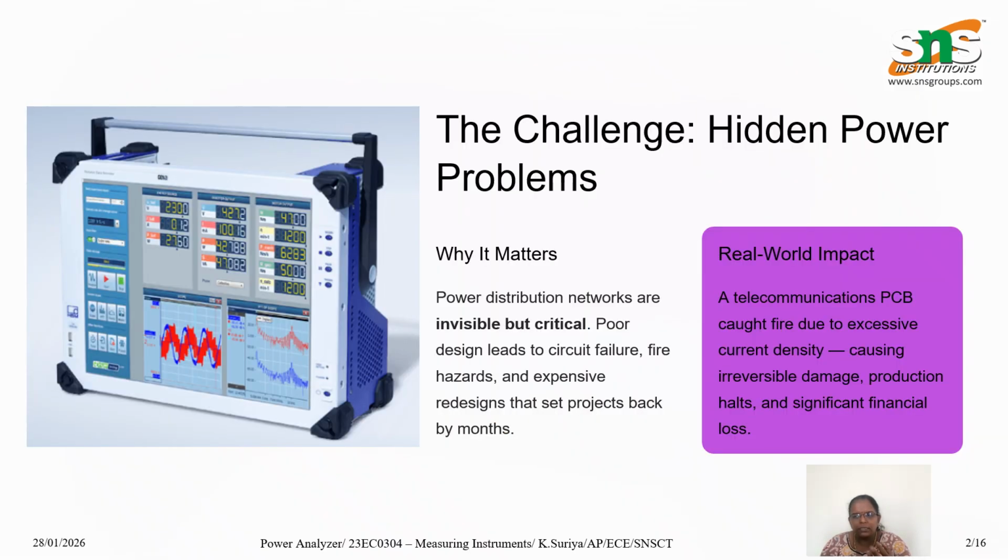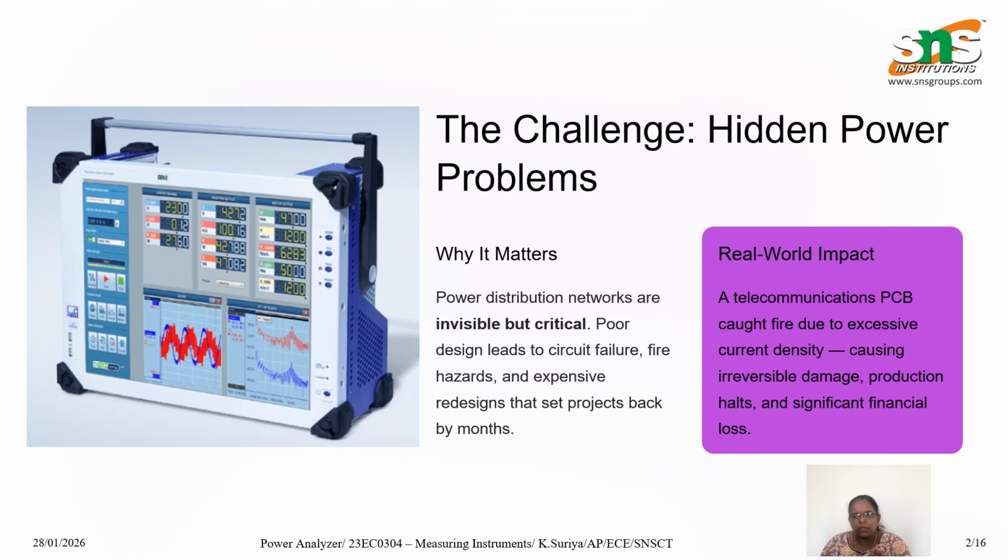Let us first understand the challenge faced in power systems. Power distribution networks are usually invisible to us, but they play a very critical role in every electrical system. If the power distribution design is poor, it may result in circuit failure, overheating, smoke generation, and costly redesigns.